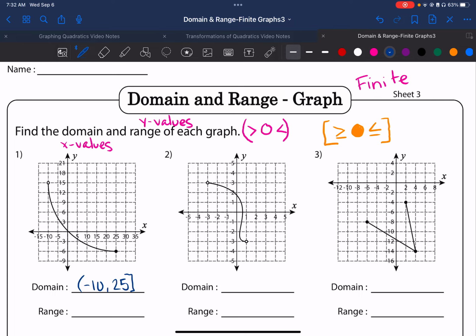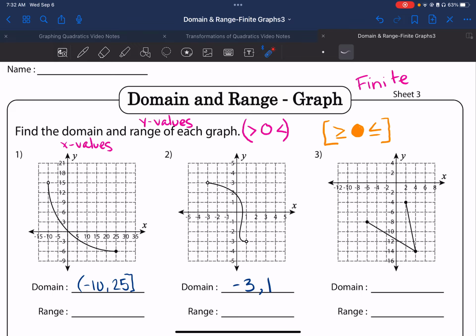Let's look at the domain for problem 2, and then we'll go back through and do the ranges. For the domain, we have the leftmost value being -3 and the rightmost value being 1. So we have -3 all the way to 1.